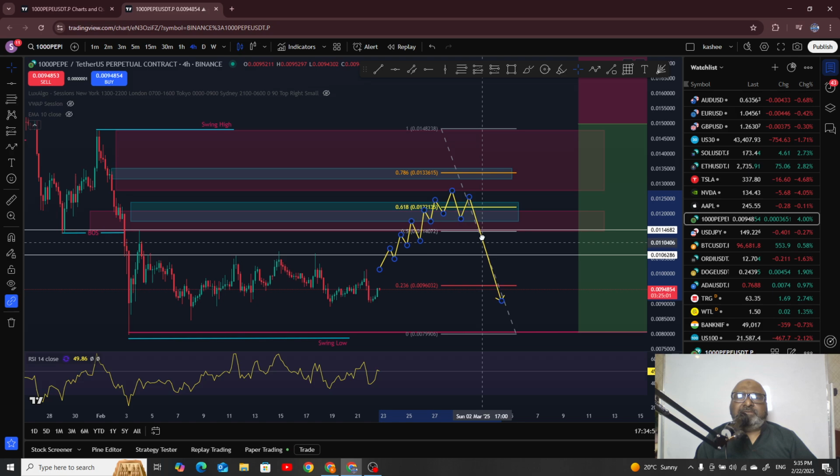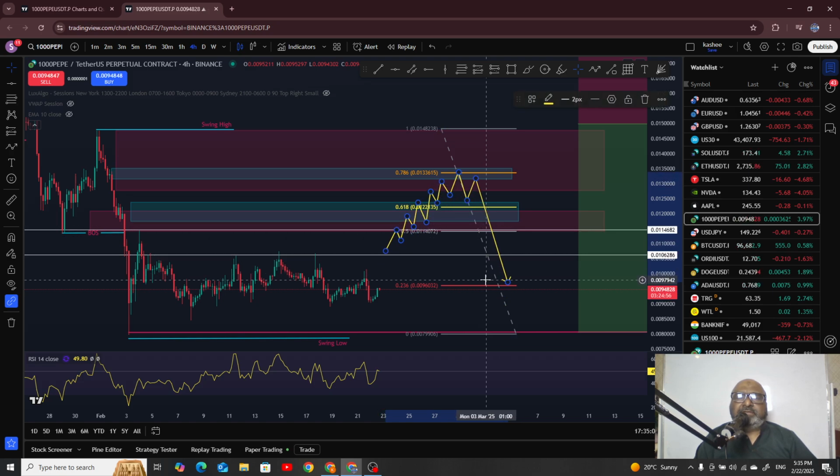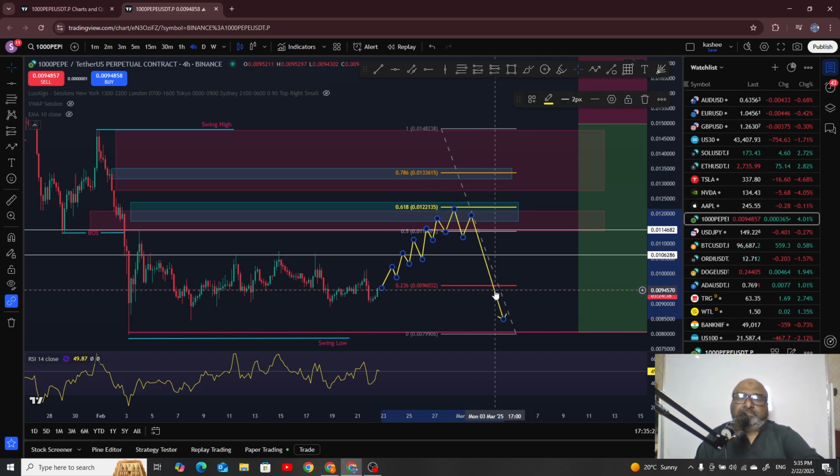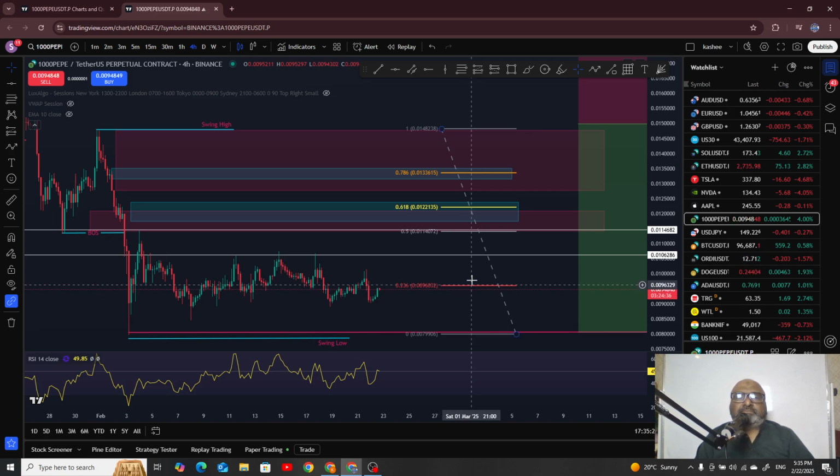The same thing can be expected here. Okay, so these are the areas we should wait and then enter the market for the sell position.